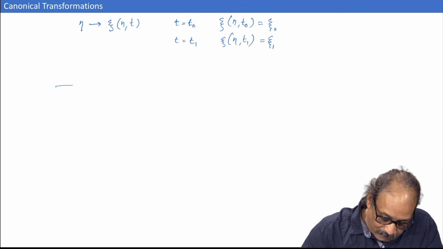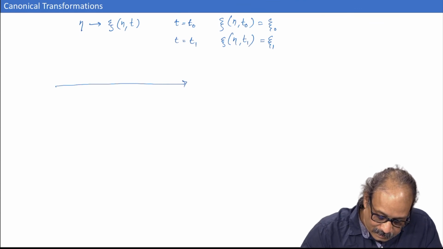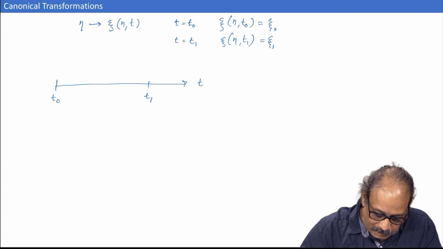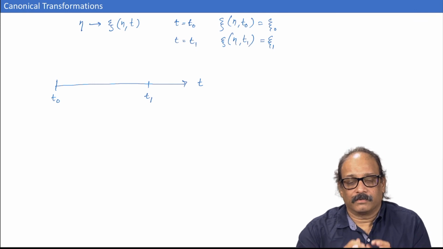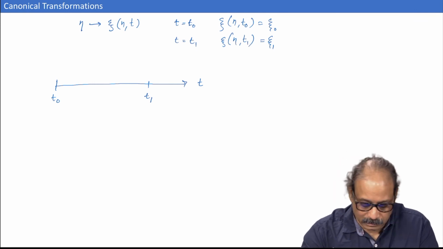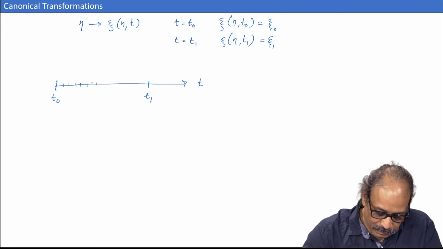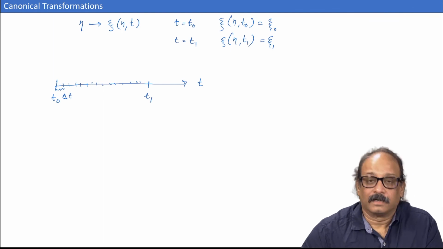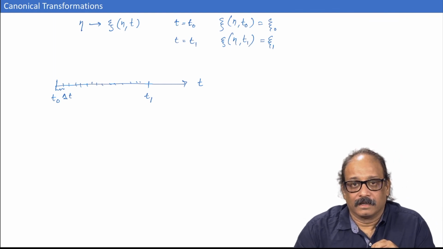Now, if I look at this as a transformation, this is the time axis, this is t 0 and this is t 1. So, what you do is divide this t 0 to t 1 interval into small sections, each of time duration delta t. Okay.